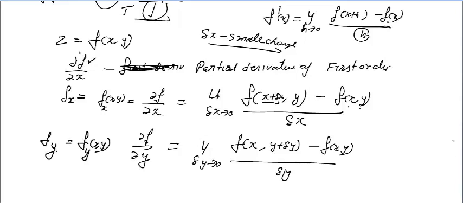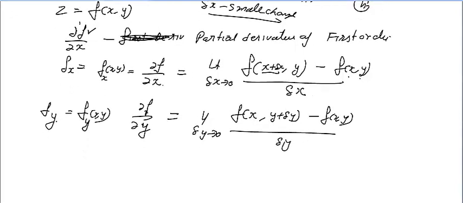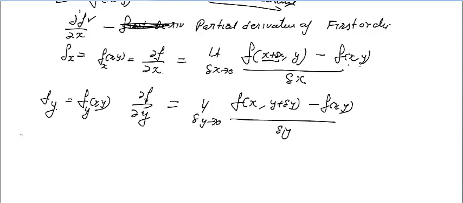And one more very interesting thing. If you want to find the derivative of f with respect to x at x equal to a and y equal to b, it means after finding the derivative you are going to put x equal to a and y equal to b. So you find the derivative first, then you put the variable values, because many questions are based on this.